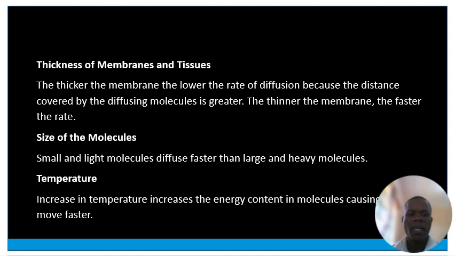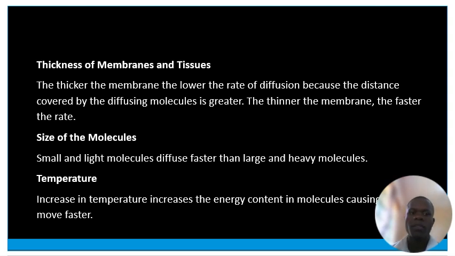Then you have the thickness of membranes and tissues. The thicker the membrane, the lower the rate of diffusion, because the distance covered by the diffusing molecule is greater. The thinner the membrane, the faster the rate of diffusion.